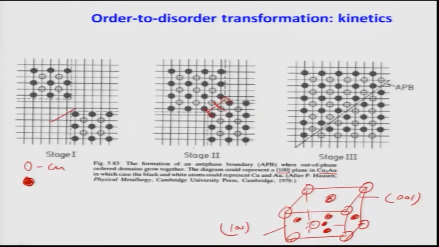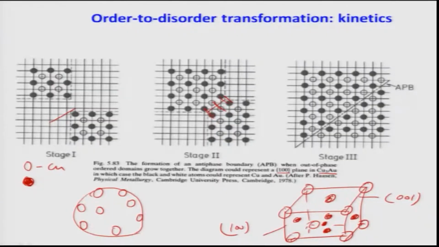But in a real picture, if I have a large grain and small domains forming inside it, how do these domains move, because the growth of the domains requires the bonding to change.